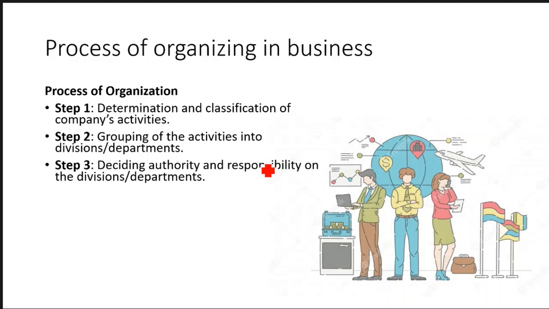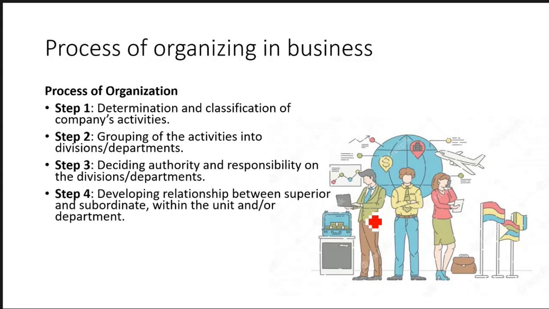The next step is deciding the authority and responsibility of the divisions and departments. Usually this includes determining the head of the divisions, or the chief, or the executives of the divisions.